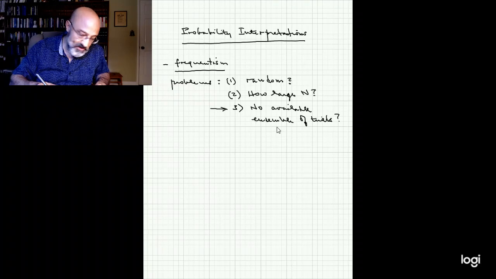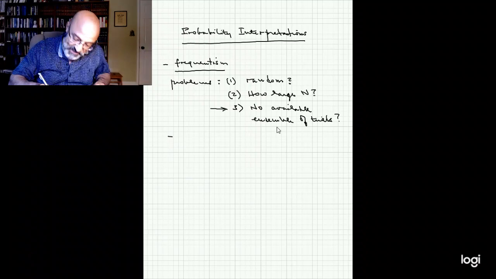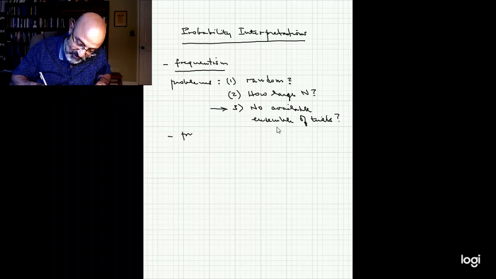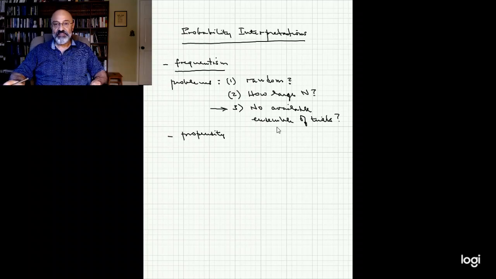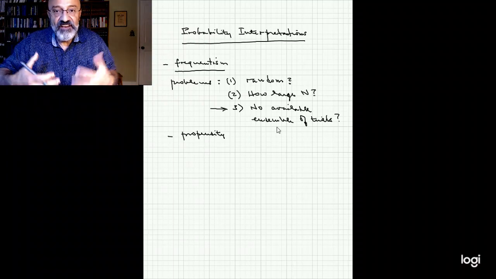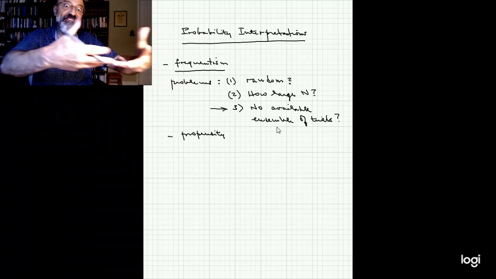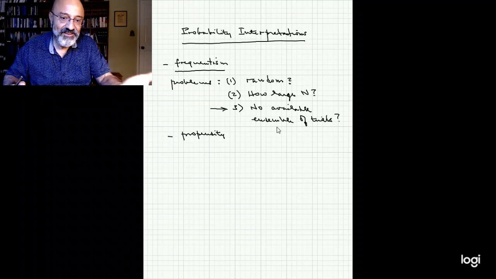Well, there are other approaches to probability people realized early on. There is the propensities, a degree of propensity. When you toss a die, the die has a certain inner oomph, its propensity to land on the number 2.